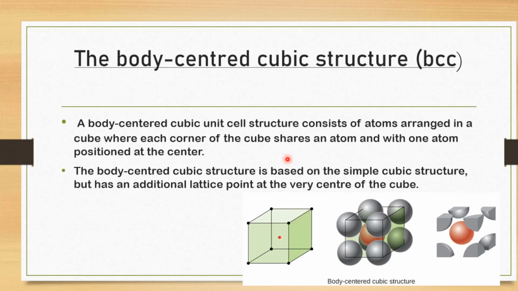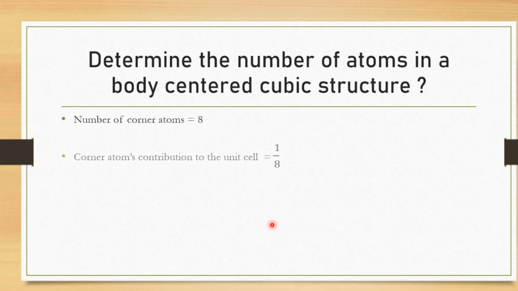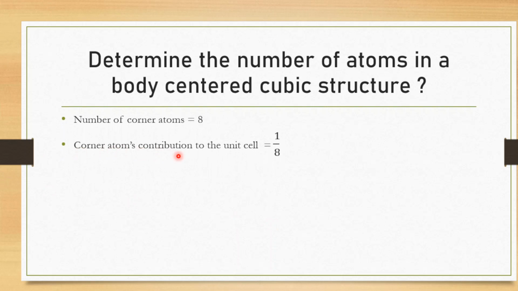Again, this one atom is shared by 8 cells, so the contribution of this corner atom to this unit cell is 1 by 8.